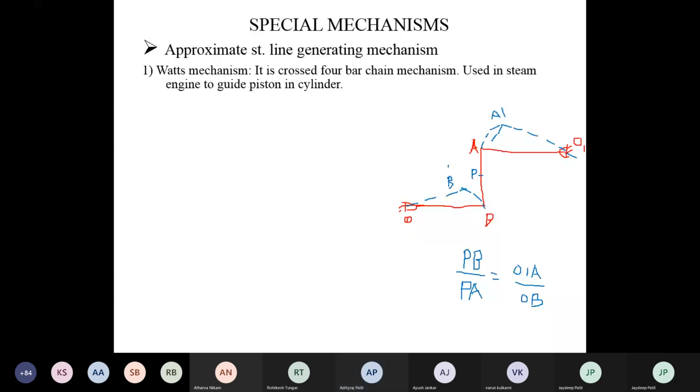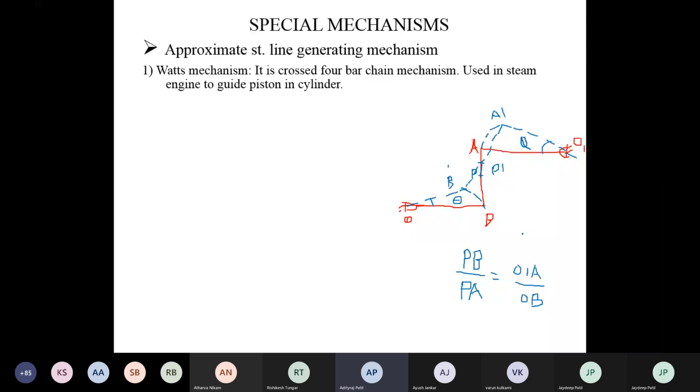Now P changes its position to P dash. This is the approximate straight line; after that it becomes an arc. PA dash is an arc, and PB dash is an arc. Now this angle of inclination is theta, and this angle of inclination is phi. Are you getting this figure?